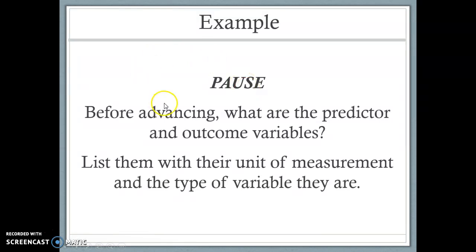So before we advance, go ahead and think about what's the outcome variable, and what are the units, if any, and then what are the input variables and what are the units.